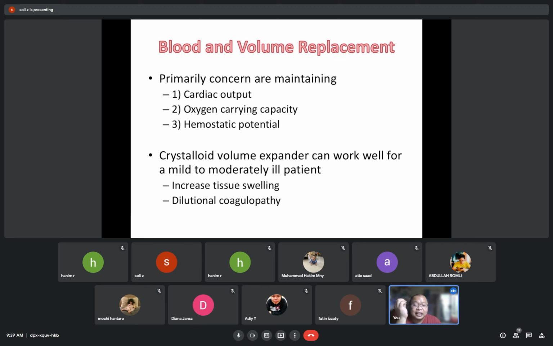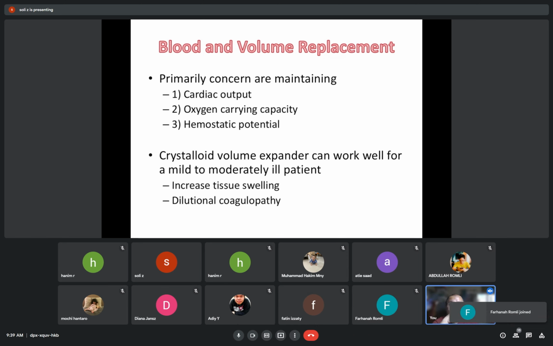The factors in blood, the oxygen carrying capacity of the blood and the clotting factors, are what make it special compared to saline, Haemaccel, Voluven, because those are just, like Sodi said, expanding the volume. BP looks good but it doesn't help with the shock, perfused but without oxygen, because in the end we want oxygen to reach the peripheries.